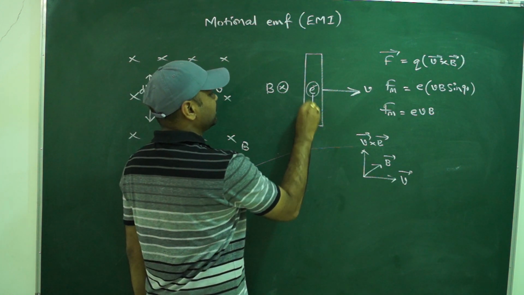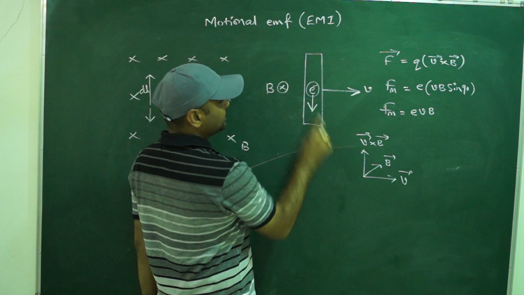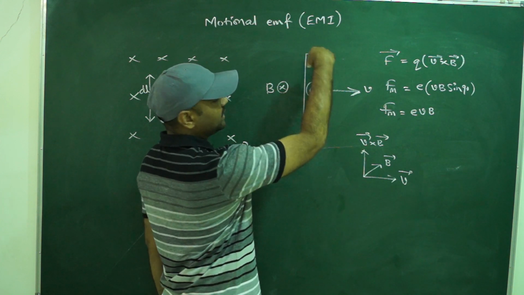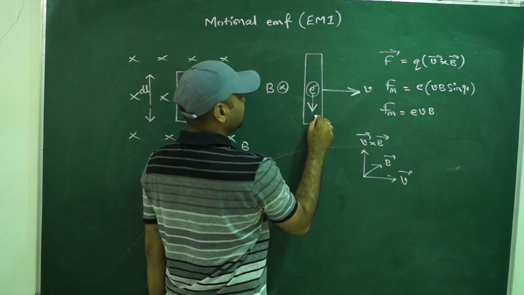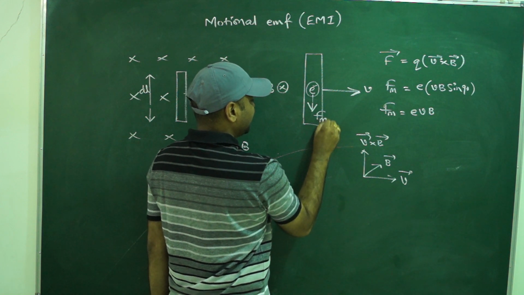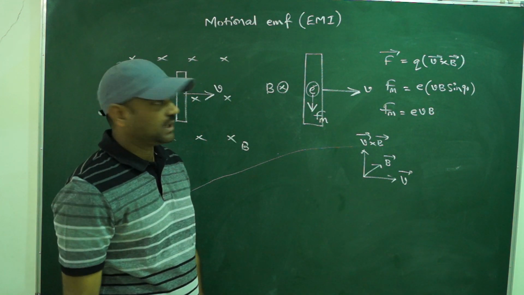Here v bar is to the right and B bar is into the board, so v bar cross B bar is upward. But we need the force on the electron, which is a negative charge, so the force on the electron will be downward.